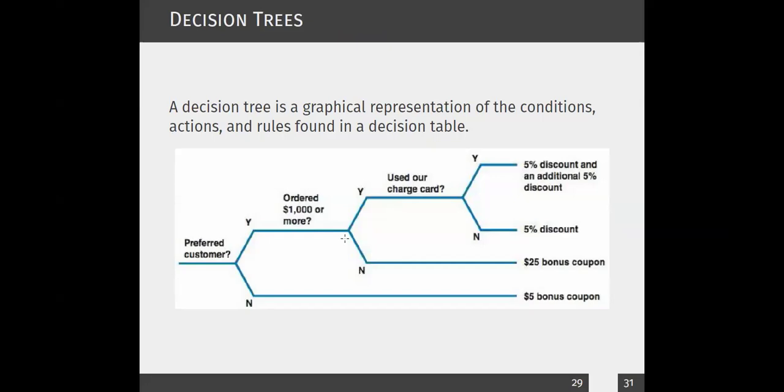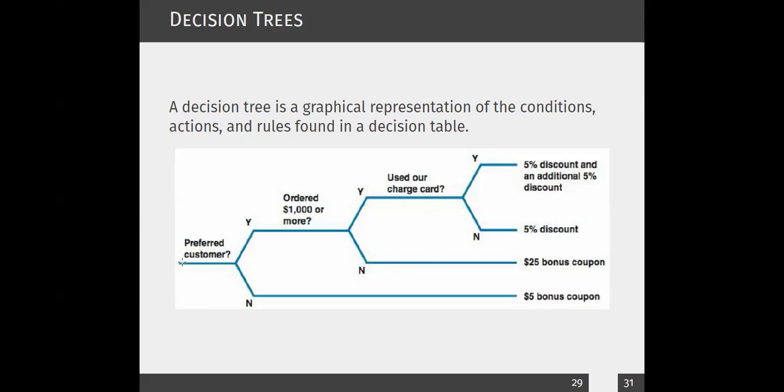And we know that if the customer is a preferred customer, then we have to check the other ones. But if the customer is not a preferred customer, then we can directly make a decision. We can say that the bonus should be $5, right?